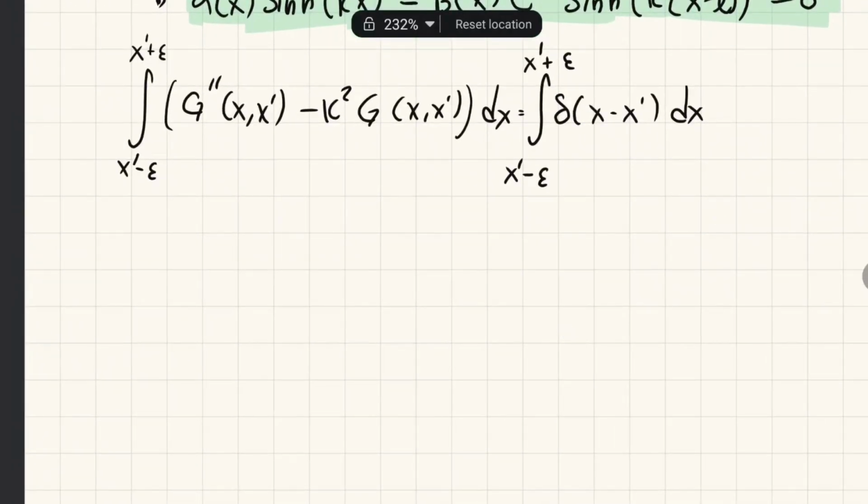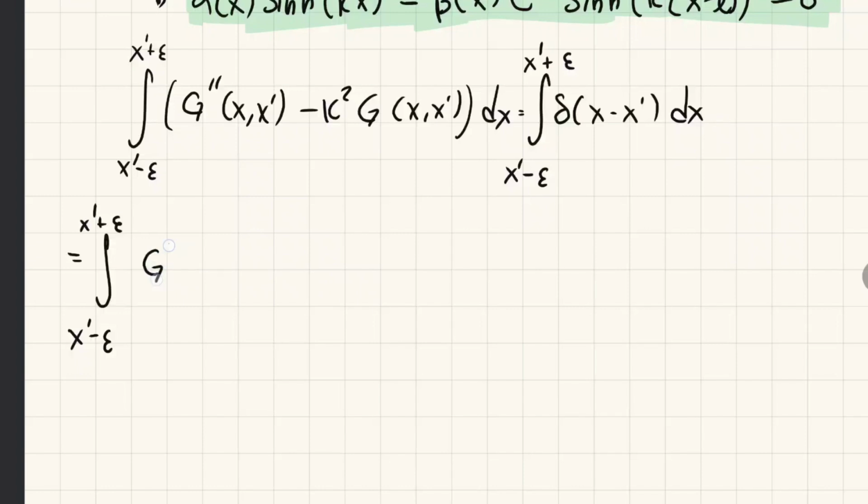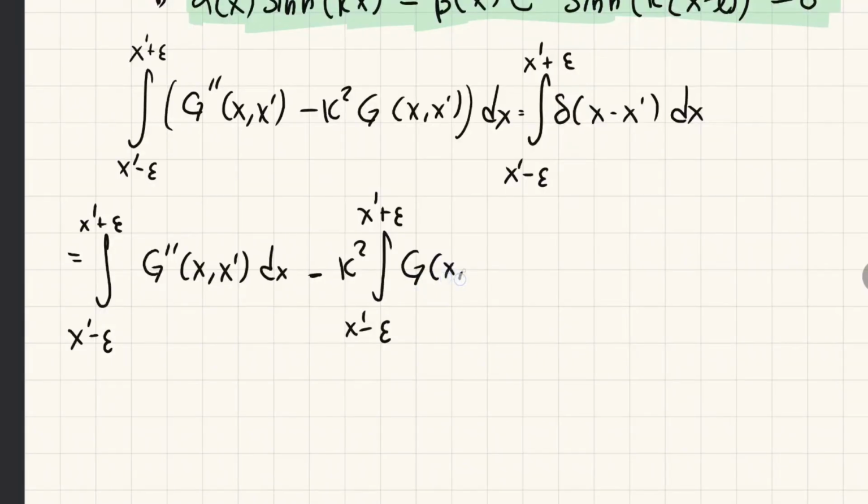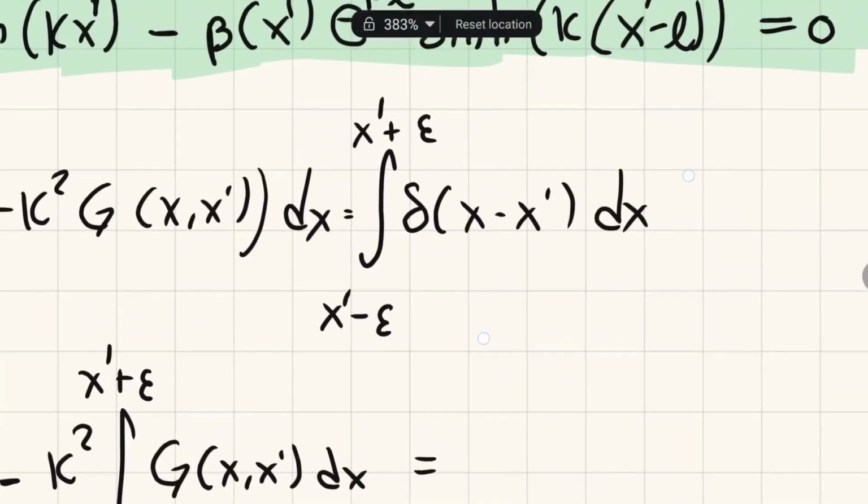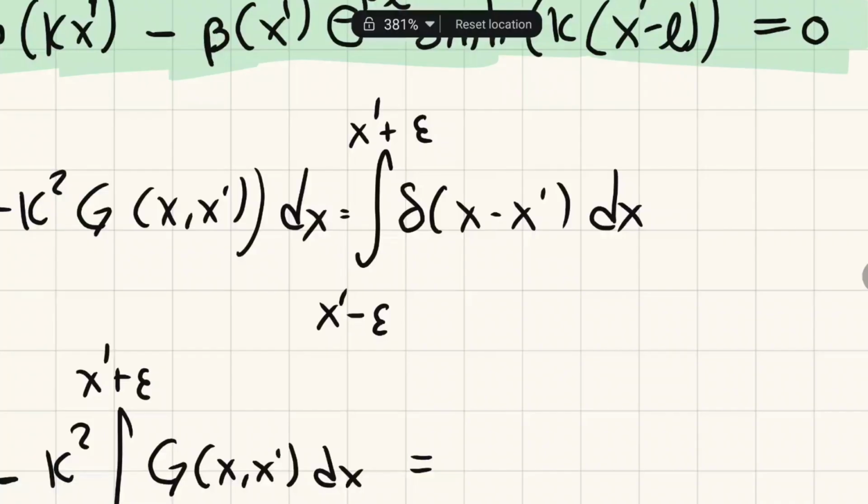Okay, so let's split this into two integrals: the integral from x prime minus epsilon to x prime plus epsilon of the second derivative of g dx, and then minus k squared times the integral from x prime minus epsilon to x prime plus epsilon of g dx, and we know that this is equal to, well, this integral that we have here.